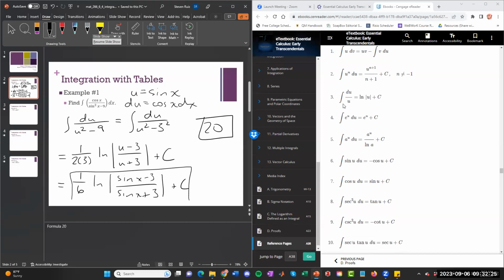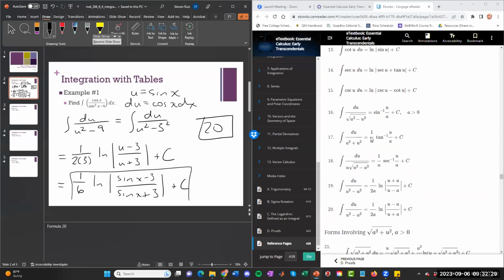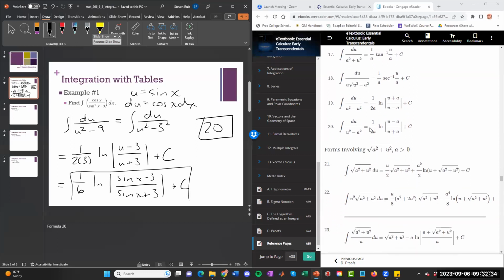But once you get into the more obscure things, like number 20, I don't know how I would get to that integral. If I gave it to you on a test, it would take me 20 minutes to figure out how to do it by hand. I can't expect you to figure that out and do a bunch of other stuff in 50 minutes. So I will give you the ones you need.